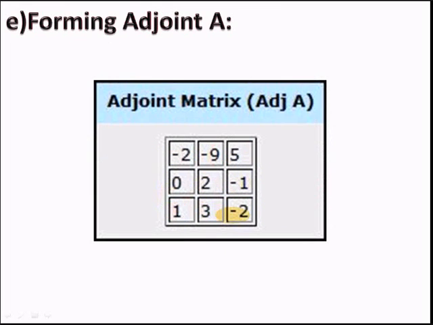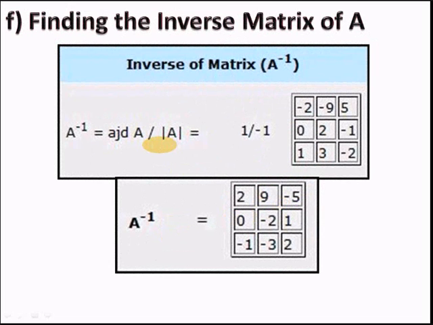And the value of the determinant is minus 1, as we found already. From this formula, we have found that the inverse of the matrix A is 2, 9, minus 5, 0, minus 2, 1, minus 1, minus 3 and 2.